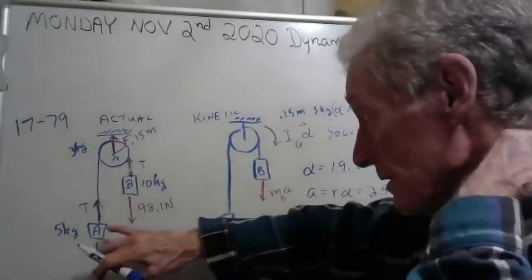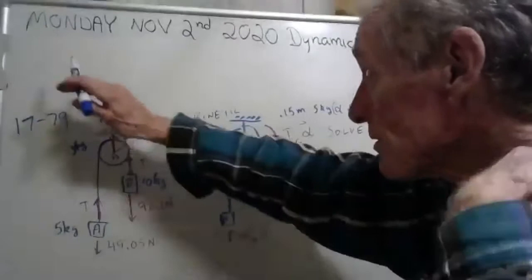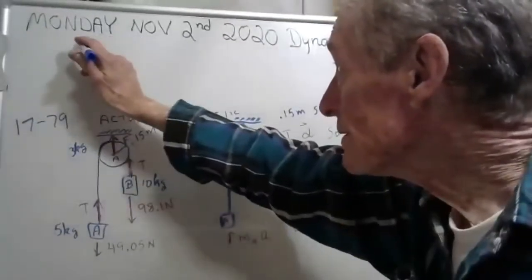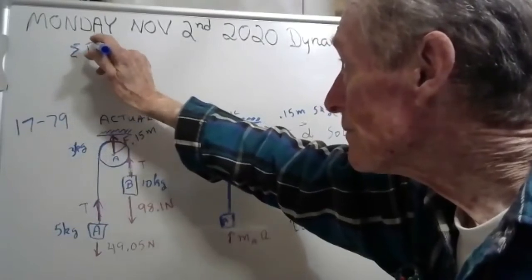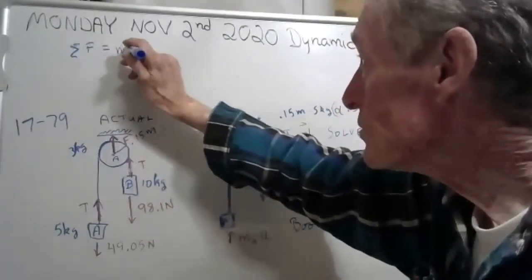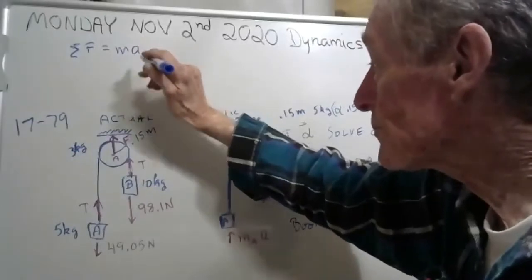So let's write the Newton's second law for translation just for body A. Here we go.